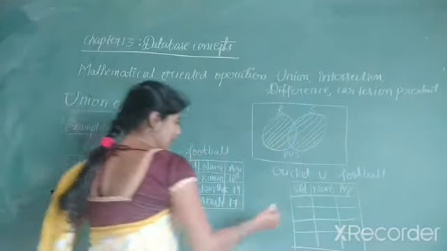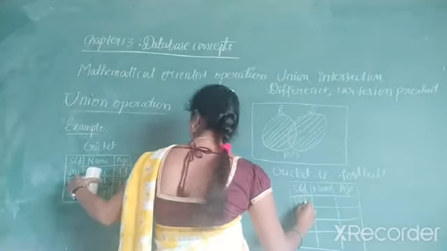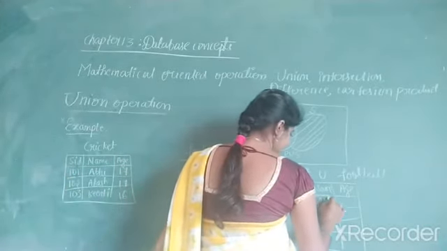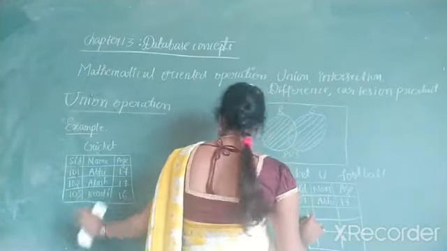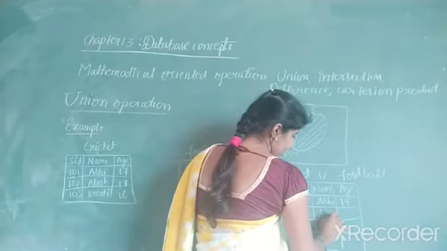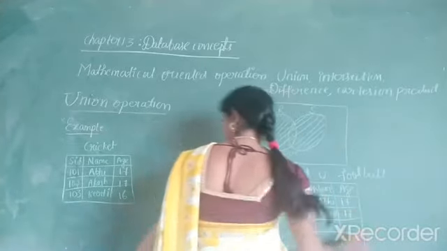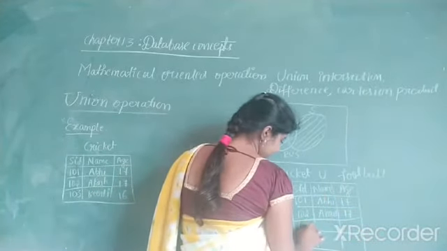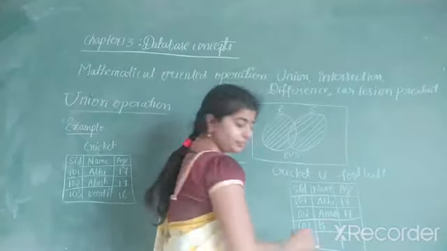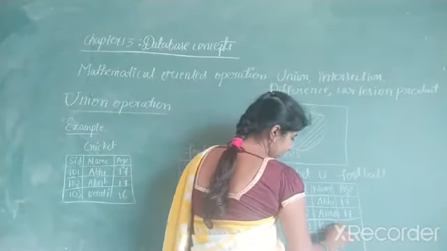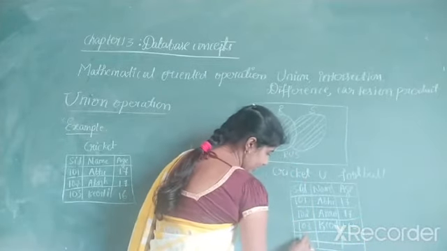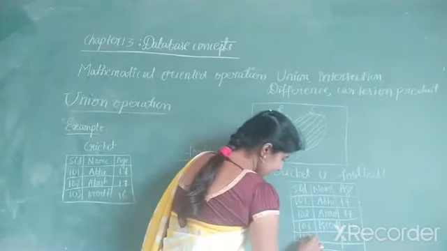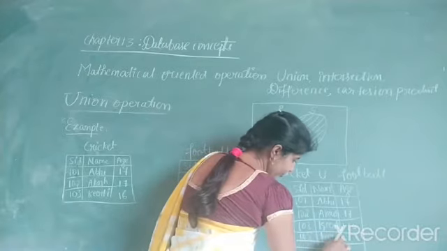What is the content present in the cricket table? 101, Abhi and the age is 17. 102, Akash, age is 17. And 103, Kirti, age is 16. Now come to the football table.